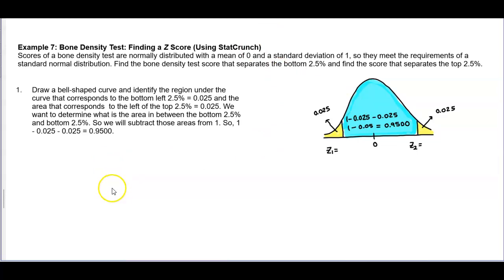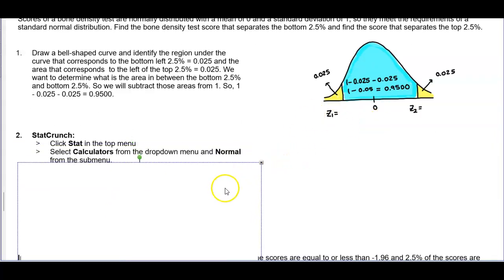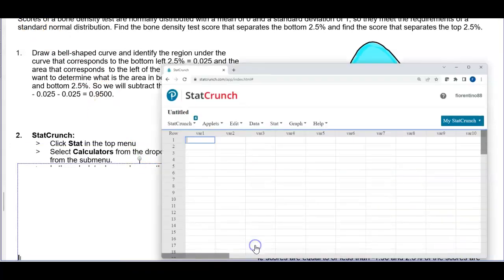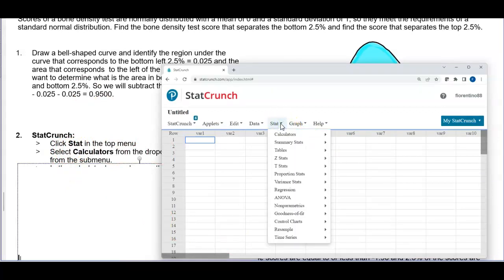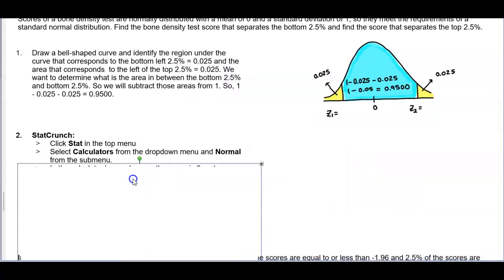So now we're going to use StatCrunch to figure out what those z-scores are. So let's go ahead and open up StatCrunch. Again, we're going to click Stat, then go to Calculators, and select Normal for our normal distribution.